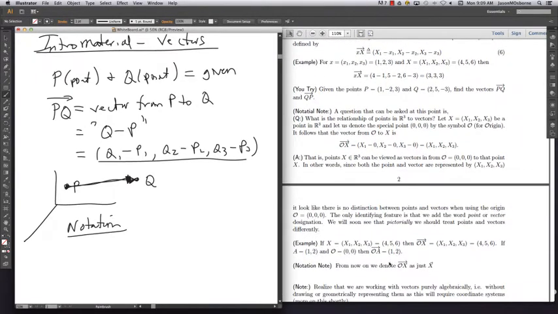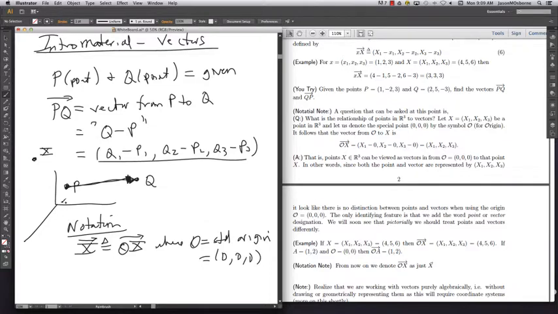right here? What does it mean to just be the point with the vector symbol over it? So let's say I give you a point X over here. What is the meaning of just X with an arrow over it? Well, the meaning of that is that it's the vector from the origin to this point X, where O is what's called the standard origin, and this standard origin is just the point 0, 0, 0.